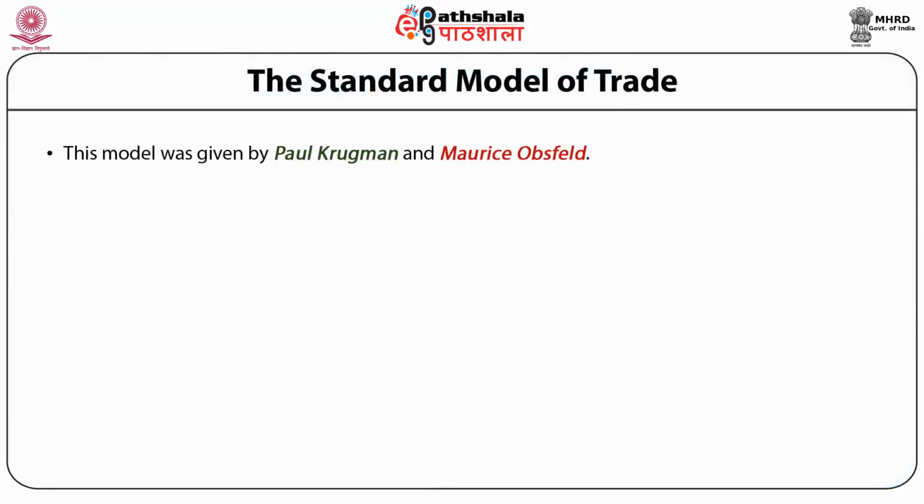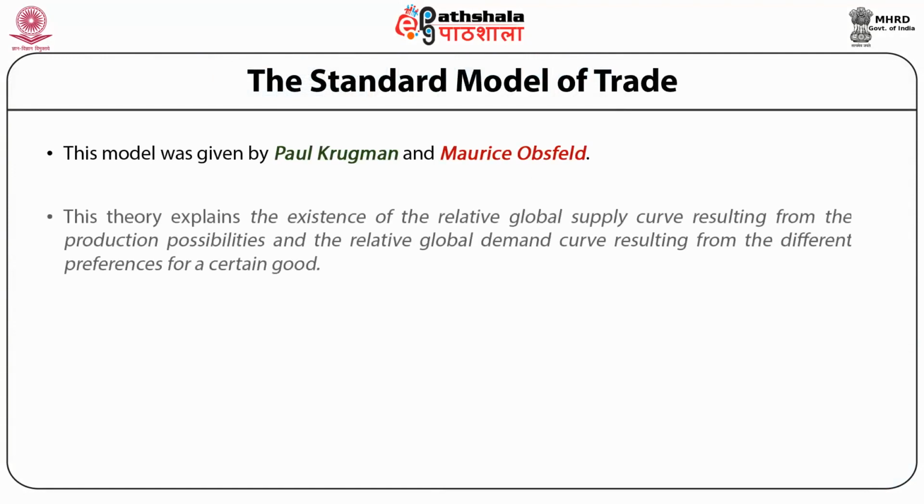The standard model of trade. This model was given by Paul Krugman and Maurice. This theory explained the existence of the relative global supply curve resulting from the production possibilities and the relative global demand curve resulting from the different preferences for a certain good.